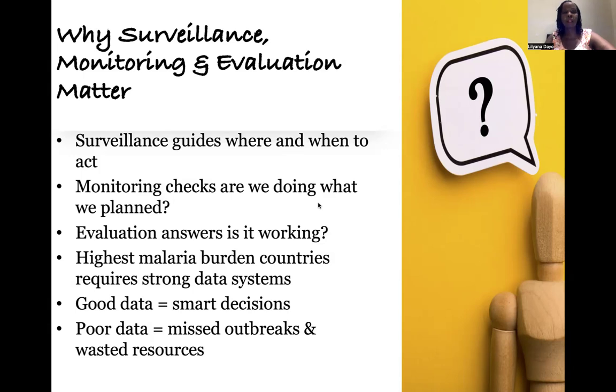Highest malaria burden countries require strong data systems for decision making. Good data will lead to smart decisions, whereas poor data will lead us to making wrong decisions, sometimes leading to missed outbreaks and also wasted resources.